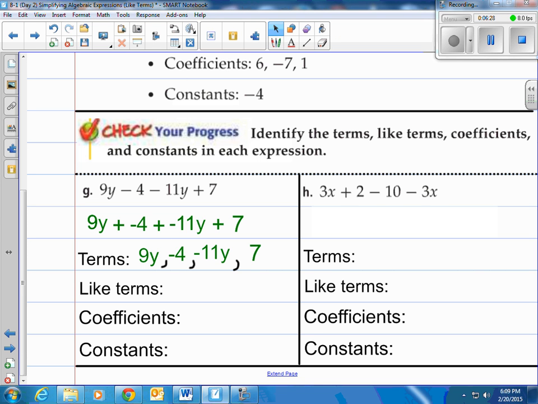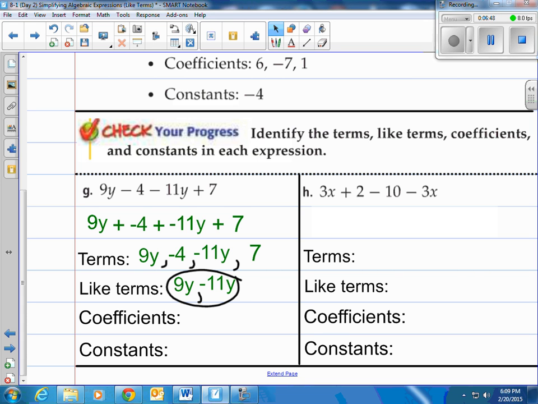What are the like terms? Well, like terms have to have the same variable and exponent. So I know I've got a 9y and a -11y. Those two go together. Let me circle them.